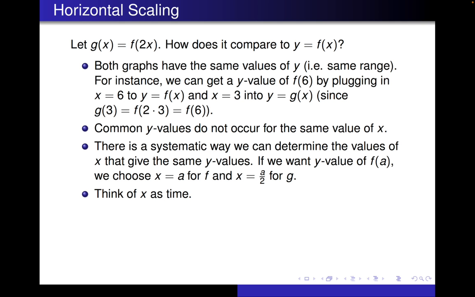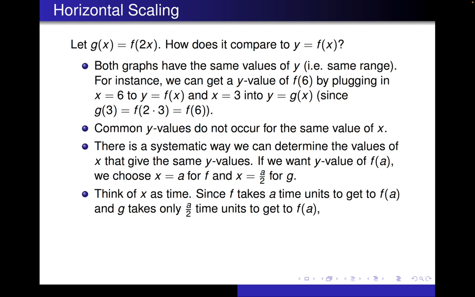And actually, a helpful way of thinking about this is thinking of x as being time. And what this says is that it takes f a time units to get to f of a, right? So if I wanted to go from x equals 0 to x equals a and get to that point, I'd have to wait a time units.